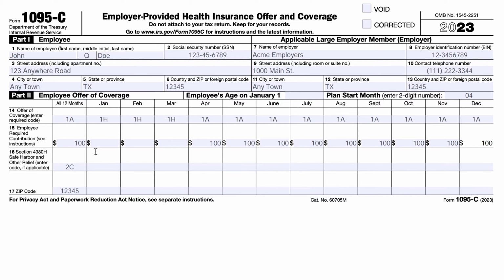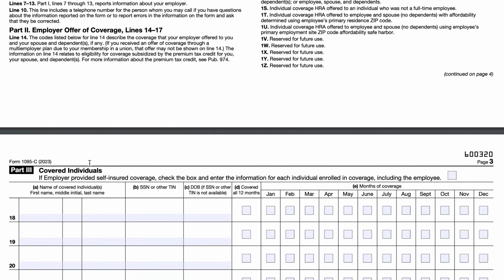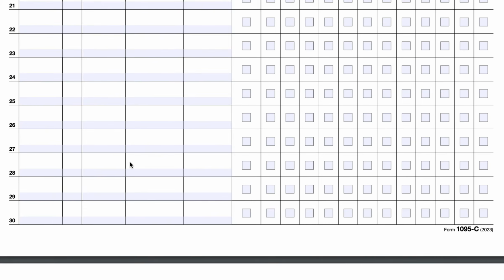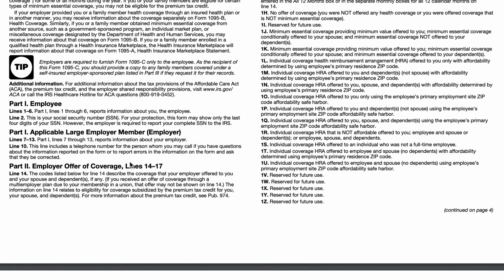The only thing you should know about is that if it says line or code 2C, that means that was coverage that was available to you. None of the other information, other than code 2C, would impact a taxpayer's eligibility for the premium tax credit, which would be calculated on IRS Form 8962.